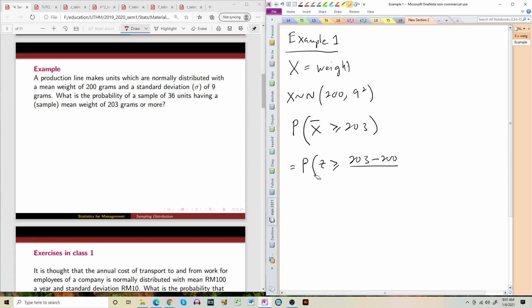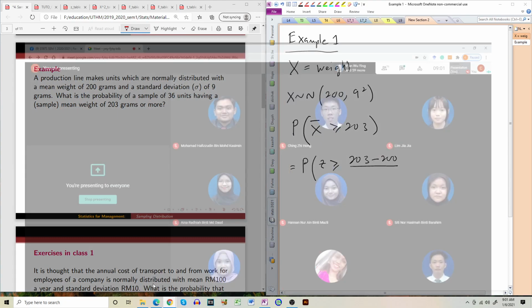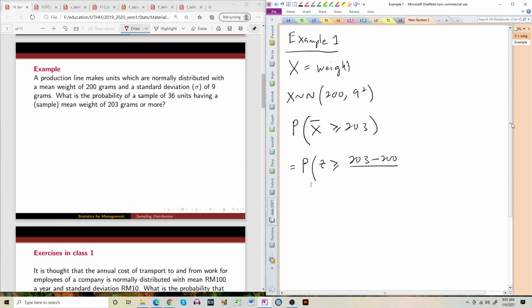Normally we minus the mean, isn't it? This one is also the same, minus the mean. But in chapter 3 we only divide by the standard deviation, and here it is a little bit different.